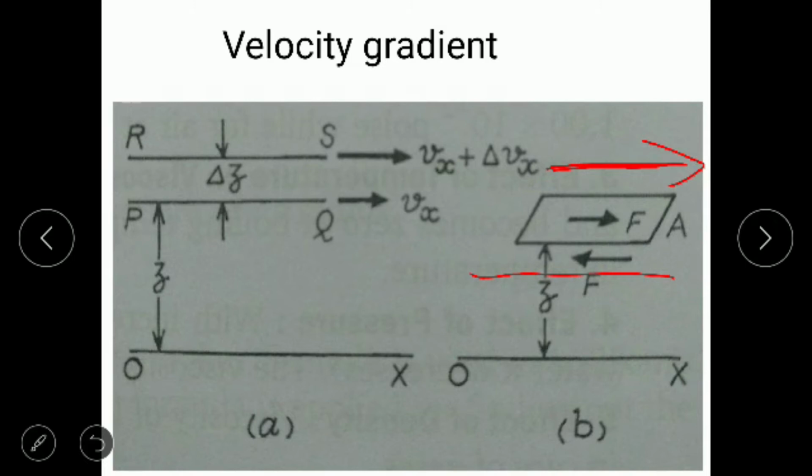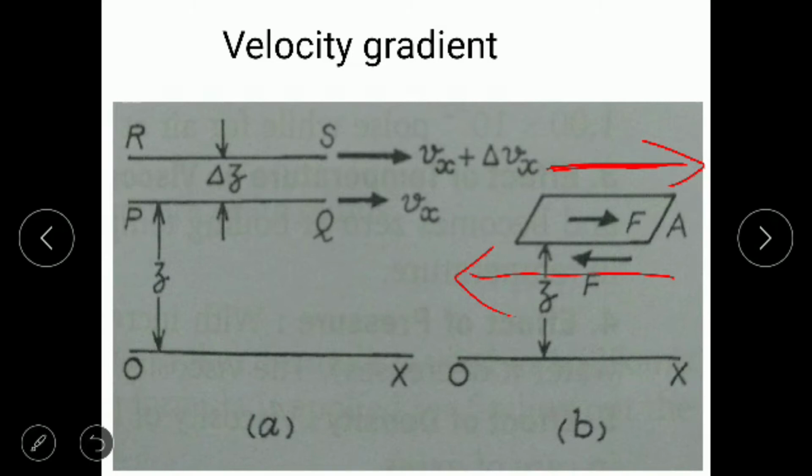That means it will not let it accelerate. So the layers of liquid above and below A have different effects: one is accelerating more and the one beneath is retarding, with the same amount of force F, which is known as viscous force.